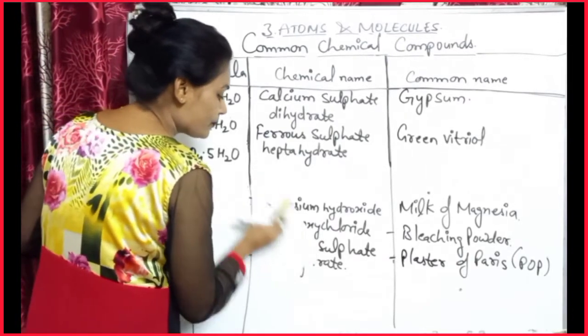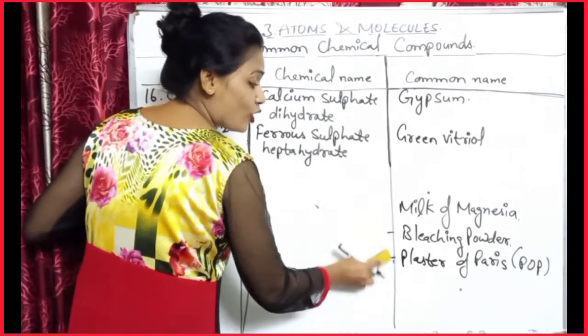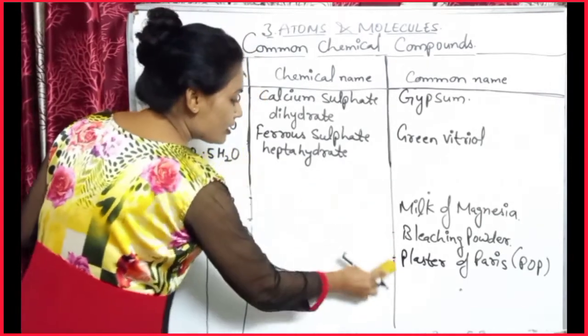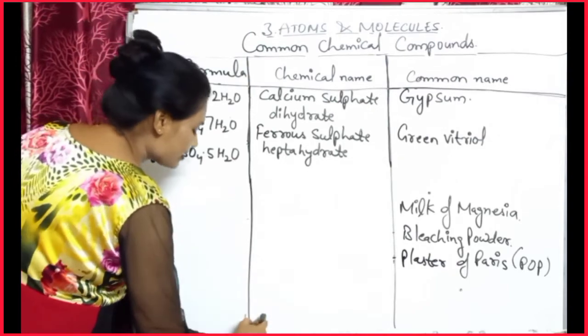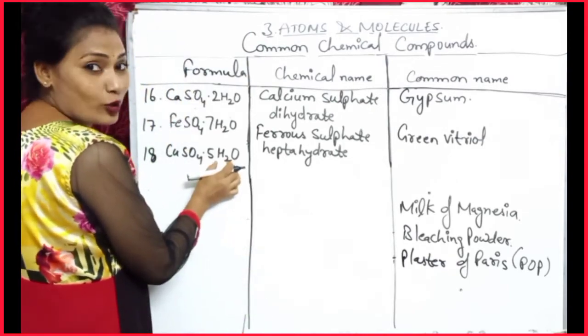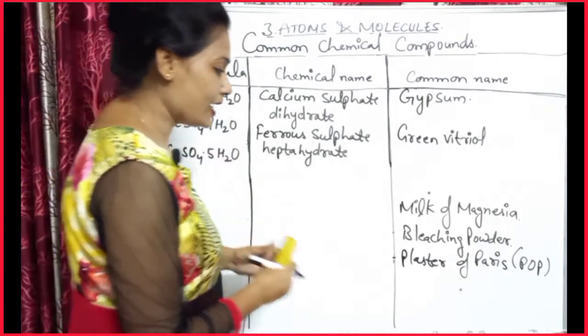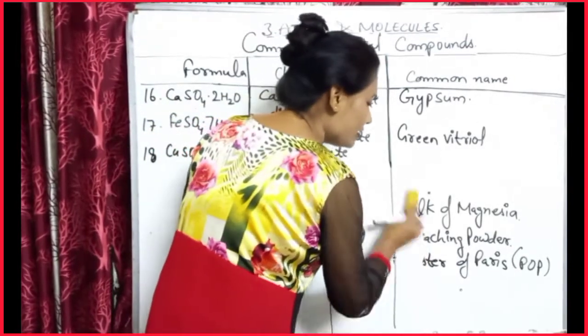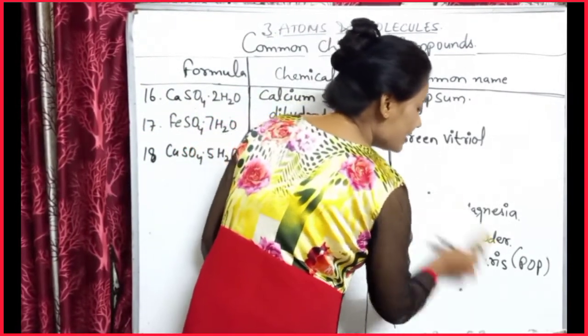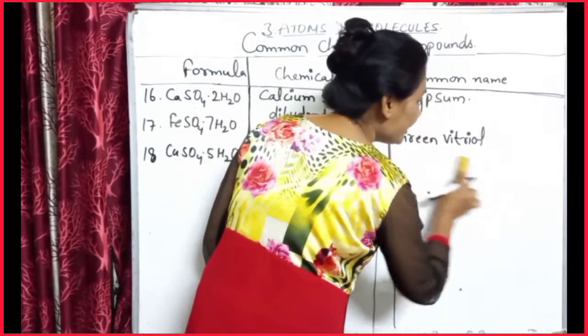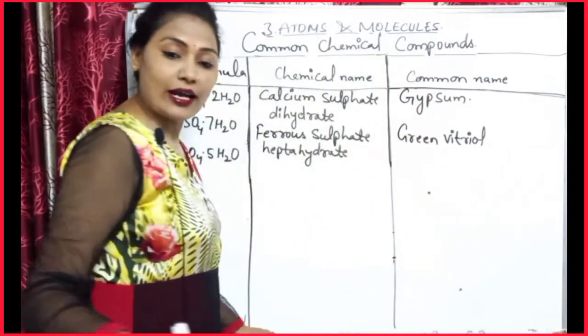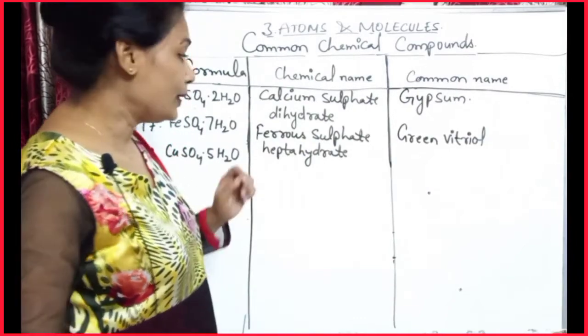It is mainly copper sulfate. If we heat this copper sulfate, then what happens? These 5 molecules of water will dry up. They will evaporate, then it will become anhydrous. So anhydrous copper sulfate is white in color, but hydrated copper sulfate is blue in color.